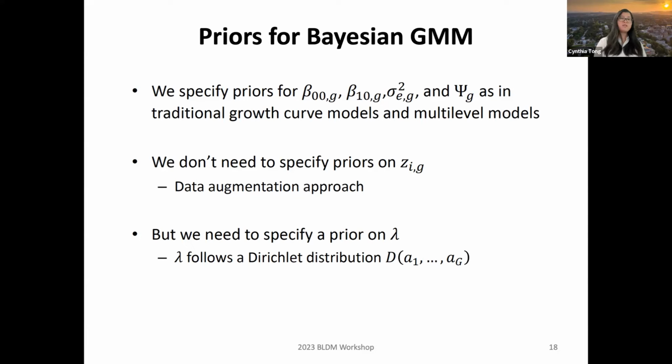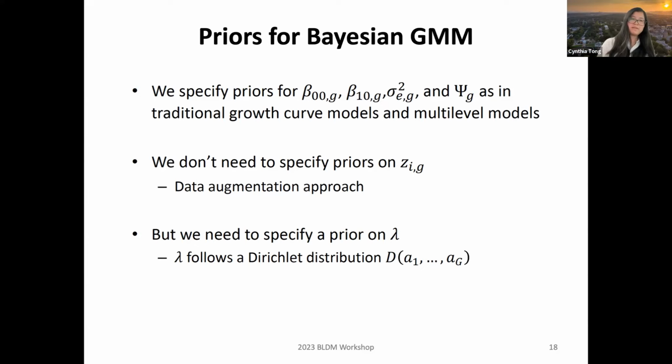And lambda follows a Dirichlet distribution. This is the same as what I talked about previously for the mixture model, not even the growth mixture model yet. So lambda follows a Dirichlet distribution, which is a multivariate generalization of a beta distribution.